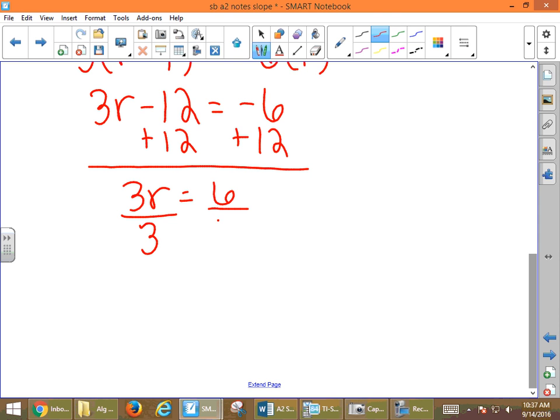Opposite operation is to divide by 3. r equals 2. Again, we knew the slope, and we had to figure out a part of the point. And we're going to do that again in the next problem.